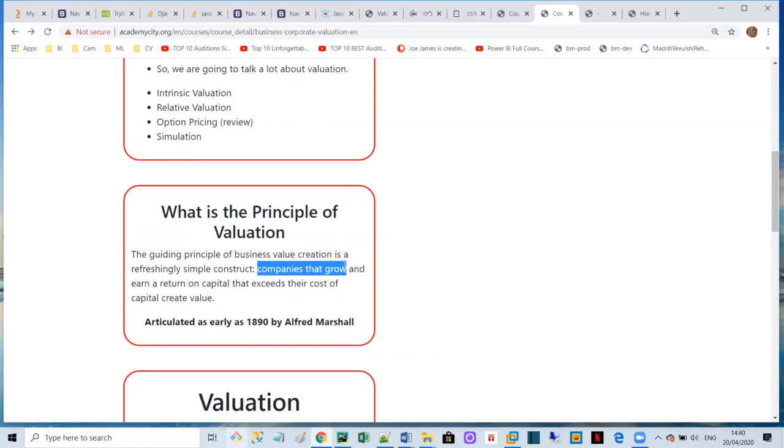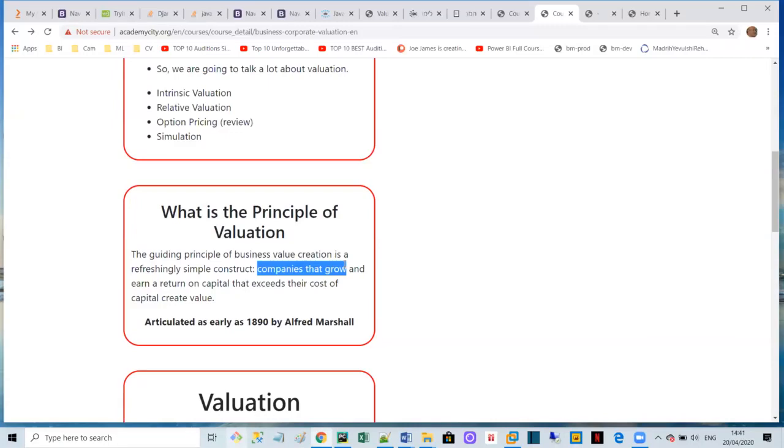Under that business model, yeah, for sure. So growth doesn't necessarily mean value. Exactly. So growth by itself is not enough. If you have a losing business and you're raising more money to grow, you're really destroying value. You're not creating value. So growth by itself is not enough.